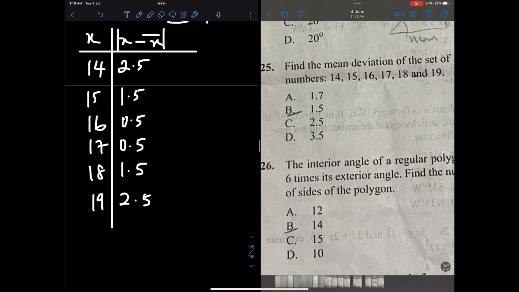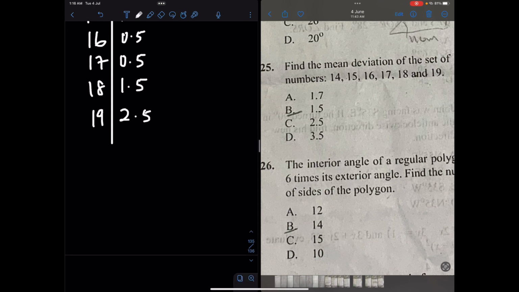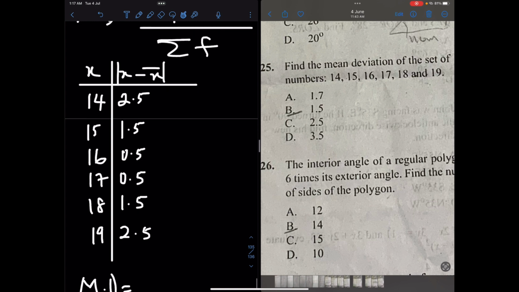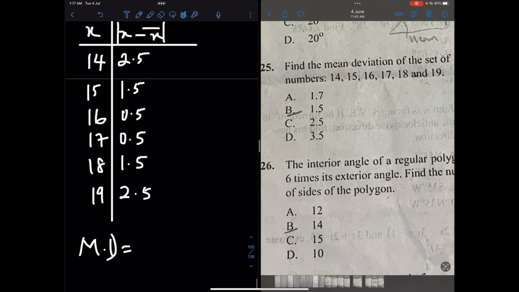So mean deviation is therefore the summation of the absolute value of x minus mean. That's the sum of all of the entries here.